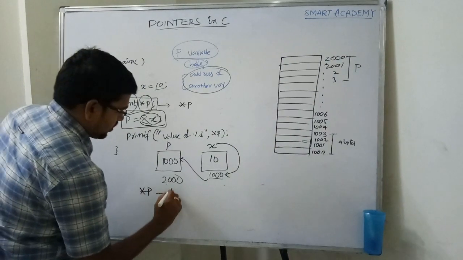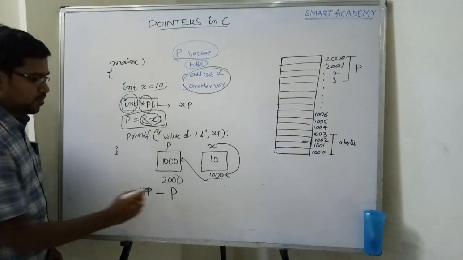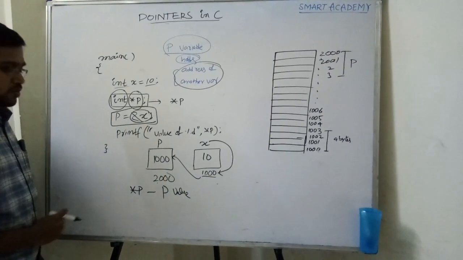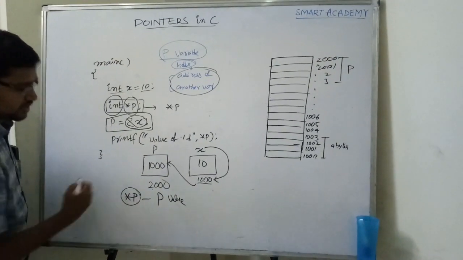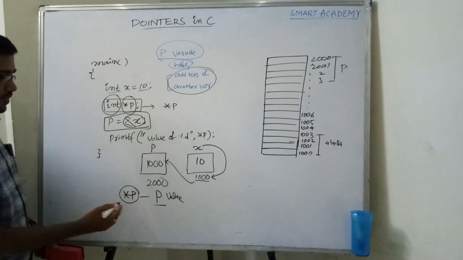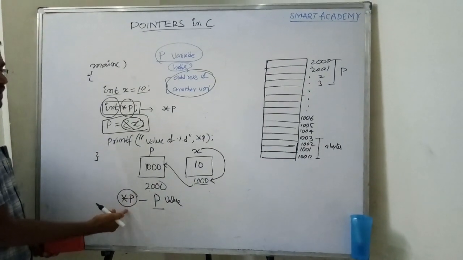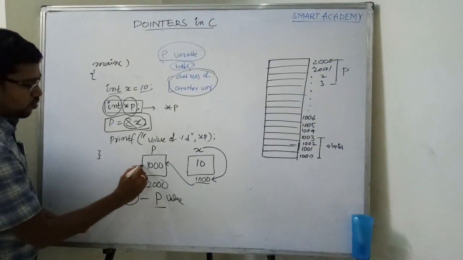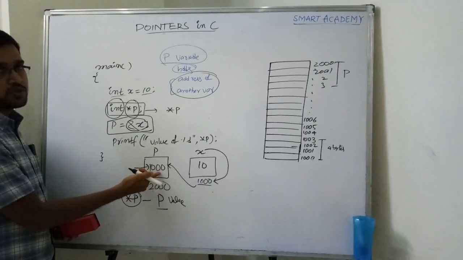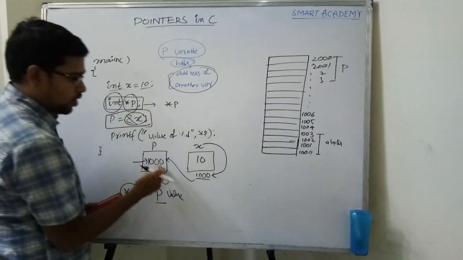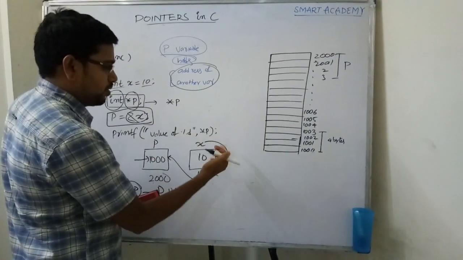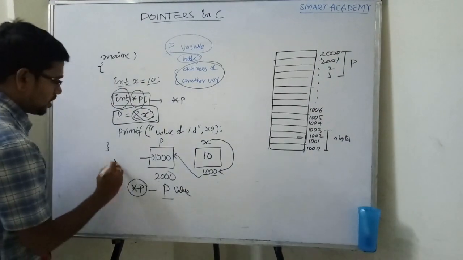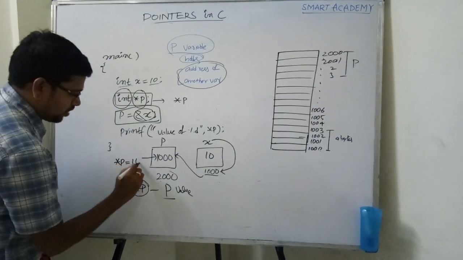As I mentioned before, if I use only p, the meaning of p is just the value stored in p, whereas *p means the value at the address held by p. What is the value of p? It is 1000. 1000 is pointing to another variable, that is x. What is the value of x? 10. So *p will give you 10.